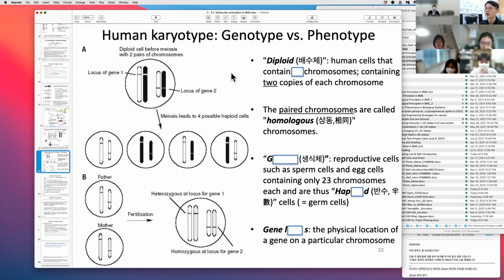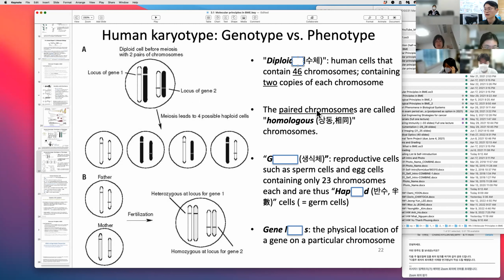So this we call a diploid. Di means 2. Okay, so human cells that contain, as we already said, 46 chromosomes in total, or 23 pairs, containing 2 copies of each chromosome, one from mom, the other from dad.